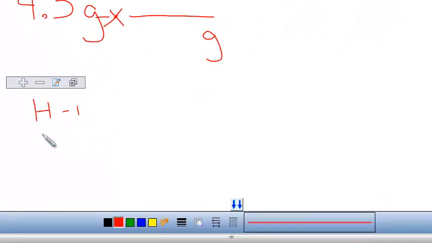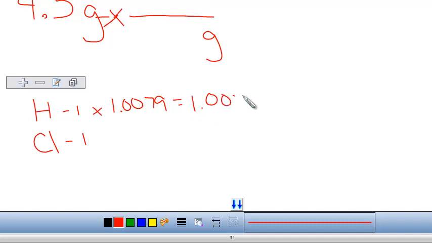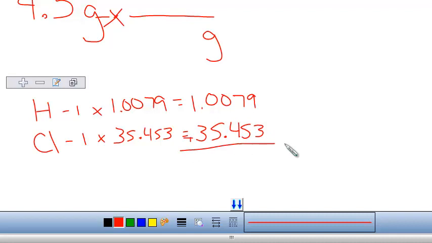So you got 1 H, 1 Cl, and multiply by the mass of the elements themselves. So you got 1.0079 and 35.453. And we're going to add those up.